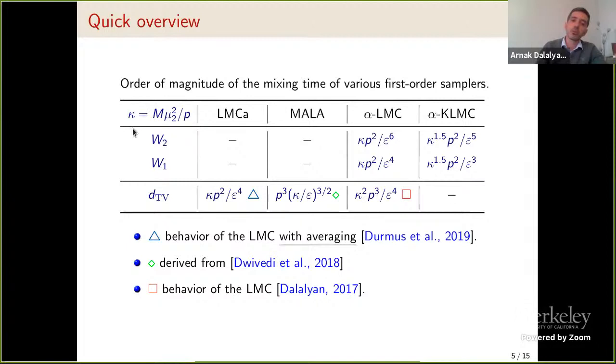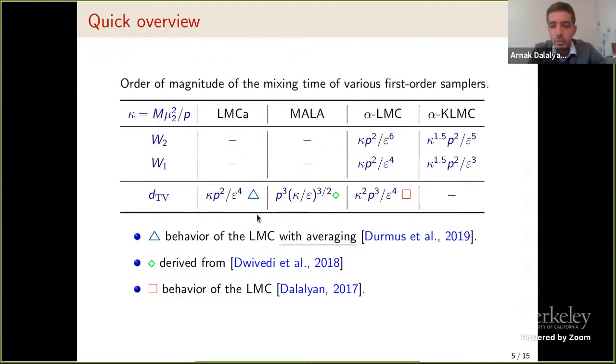Just keep in mind that we are using this definition of kappa, which was already used in the literature, in bounds on the total variation distance. These results are written on the bottom line of the table. The first row is the result for the Langevin Monte Carlo with averaging.